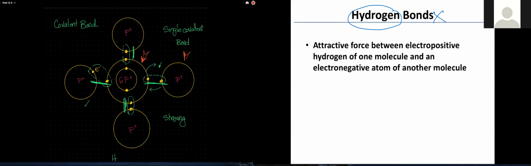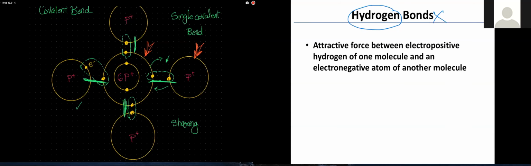A chemical bond is between two atoms. How many pairs of electrons am I sharing here? So what is a pair?